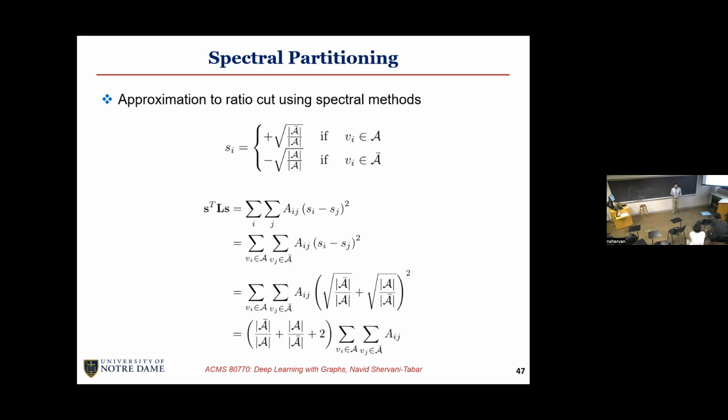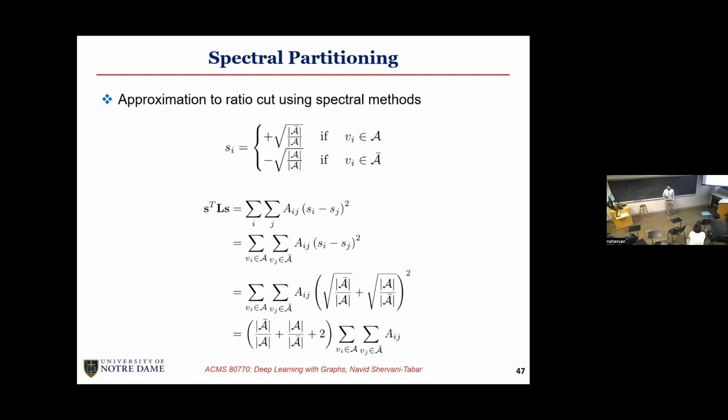So for nodes that are a member of cluster 1, we assign this positive square root of A bar over A. And for the ones that are a member of the complement of that, you're assigning the square root of A over A bar times -1. Okay.